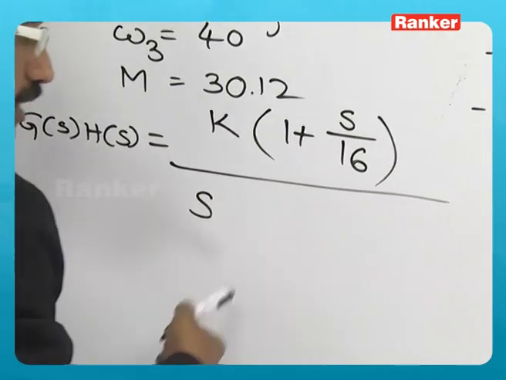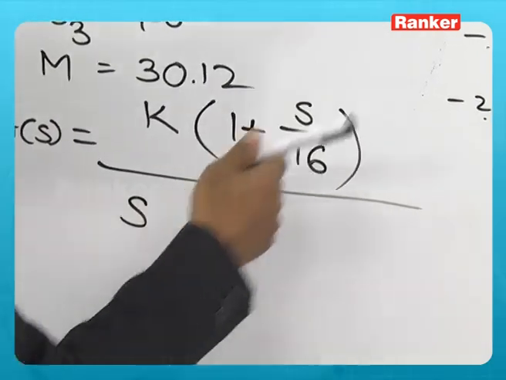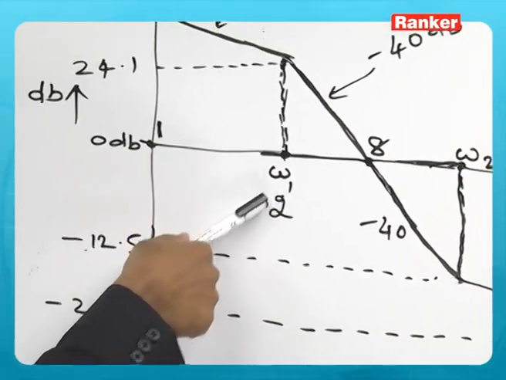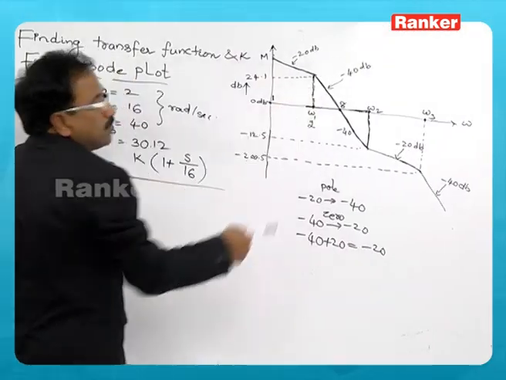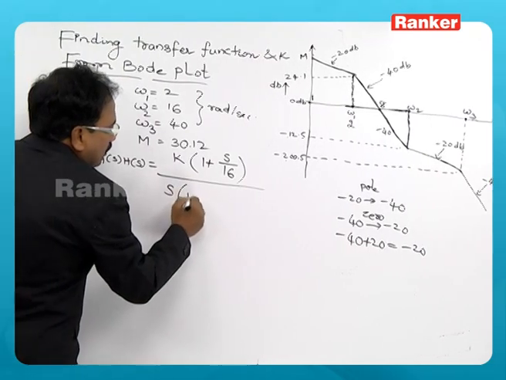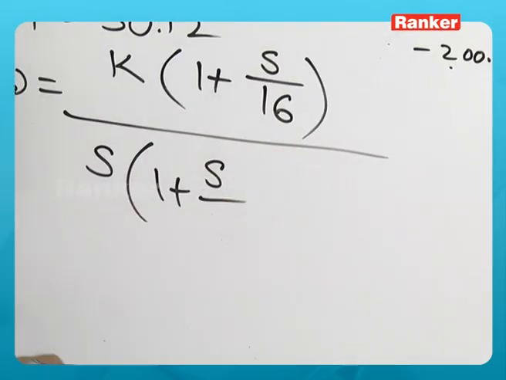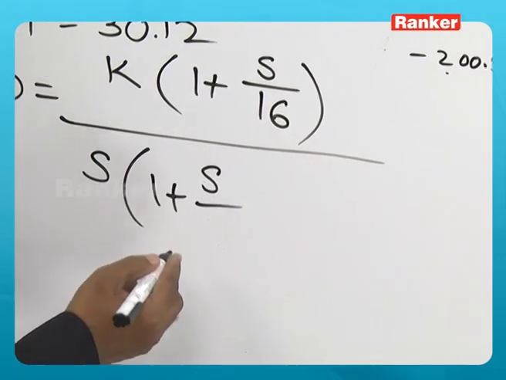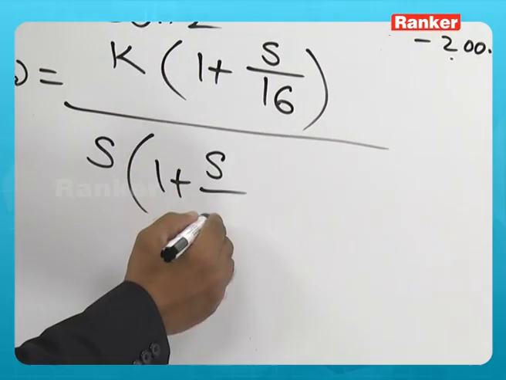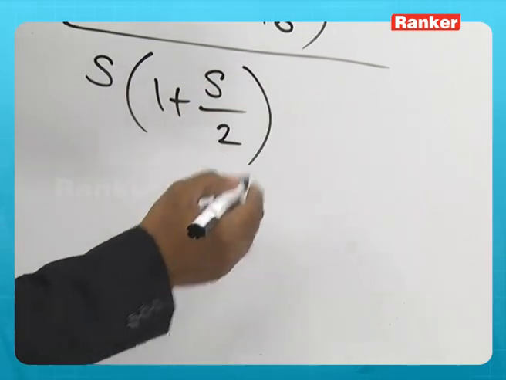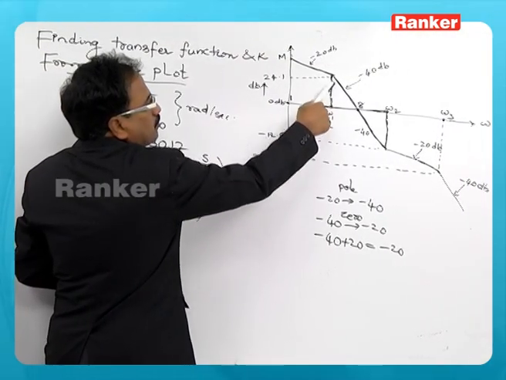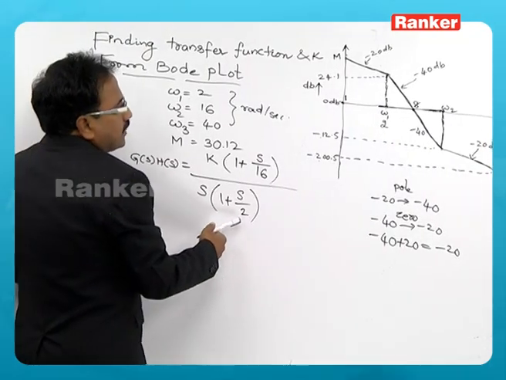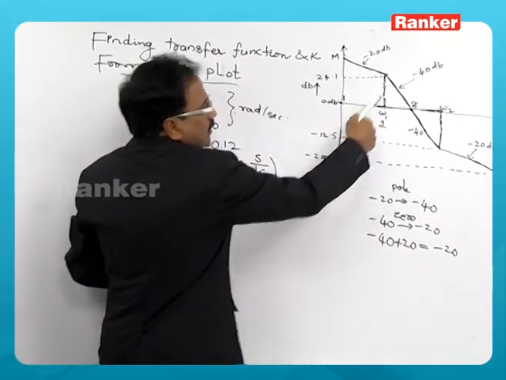Now, the second term: at omega 1, the corner frequency omega 1 equal to 2, the slope has become minus 40. So, 1 plus s by the corner frequency, where the slope changes from minus 20 to minus 40. So, 2 is the corner frequency. At this point, the slope changes to minus 40. So, a second pole is added. Now, it is continued.